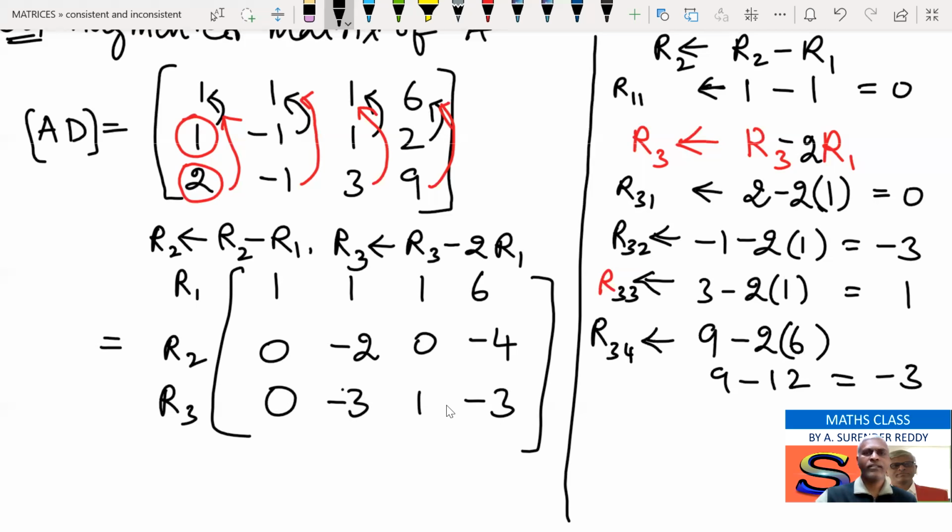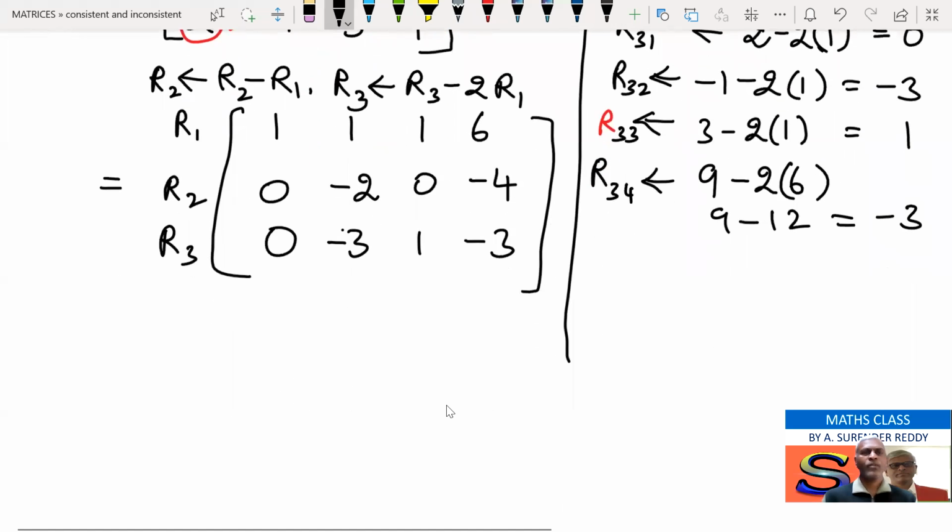Now in the next step, we have to convert this one, the first element and third element, as zeros. In the first row, second element, and third row, second element. Now let us convert the second element in R1, the first row.